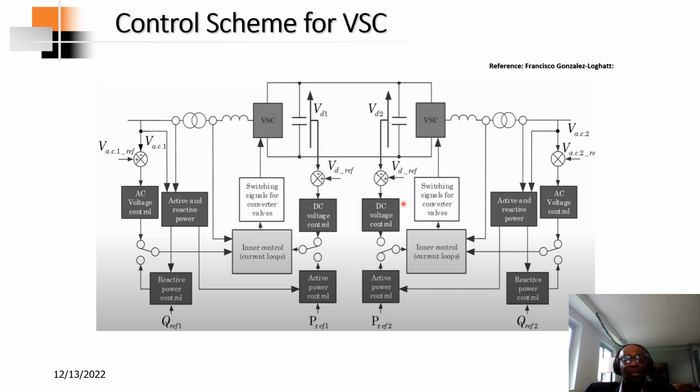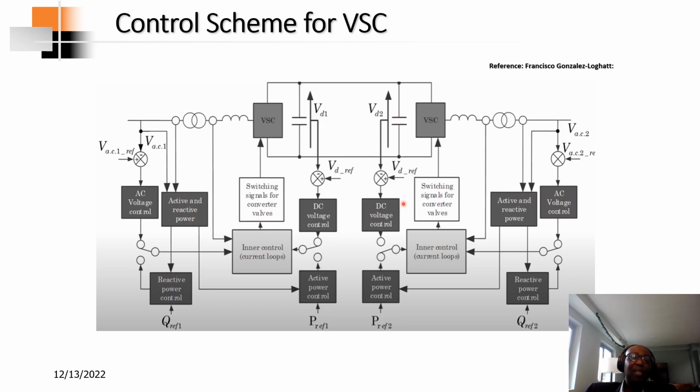Utilizing these controls, that becomes your outer level control. Based on your dispatch level, you determine your direct axis and quadrature axis currents, based on the type of control scheme you have designated. Let's say we choose AC voltage control and reactive power control on this side.